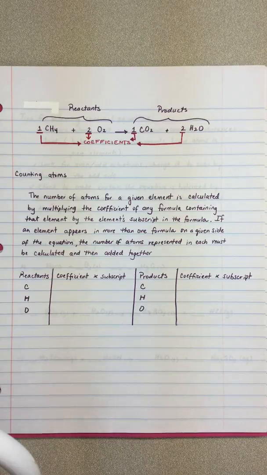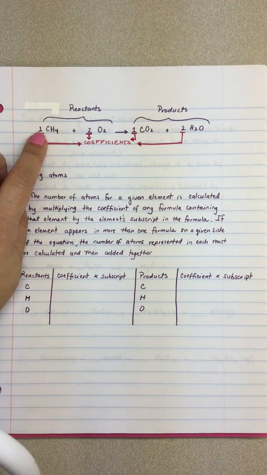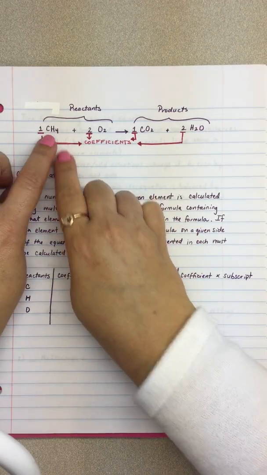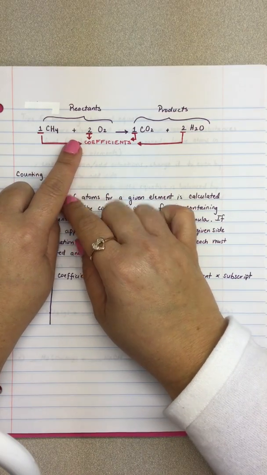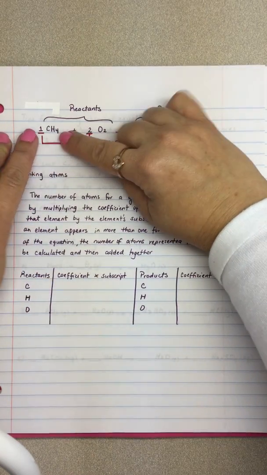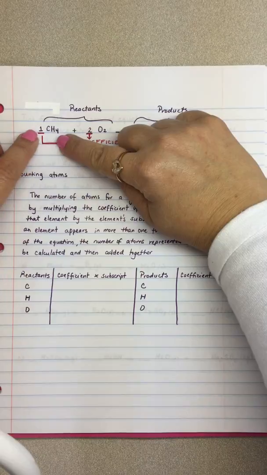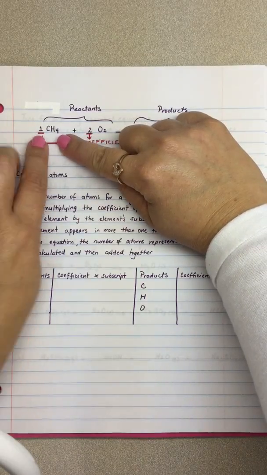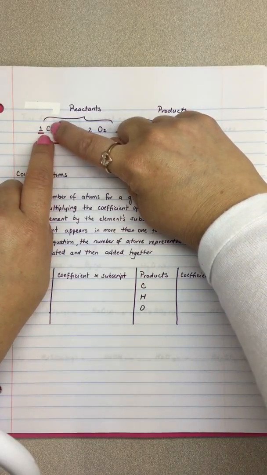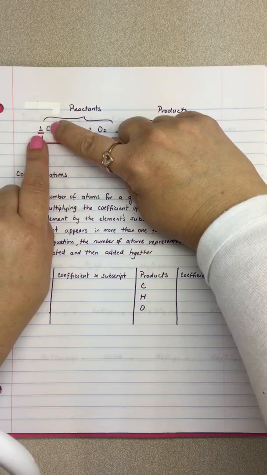Whenever you're counting your atoms to make sure that your reaction is balanced, or to balance a reaction that is not balanced, this is what you do. The coefficient is multiplied by your subscripts. So when you have CH4 here with a coefficient of 1, your carbon has a subscript equal to 1.